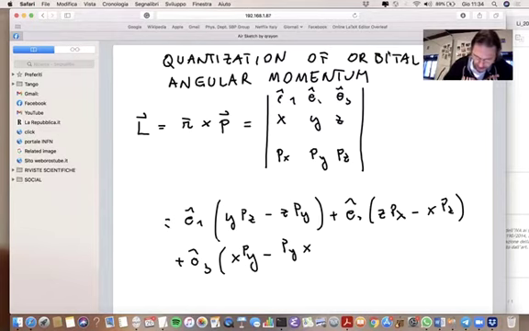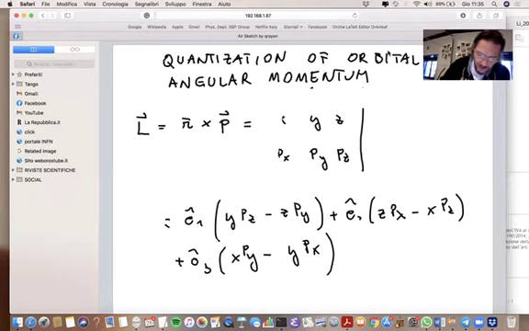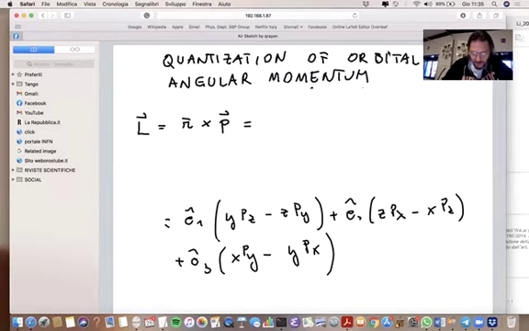And e3 is x p_y minus y p_x. Otherwise, these would simply be commutators. So now you can disregard this. It's just a simple little rule to remind ourselves how to compute vector products.